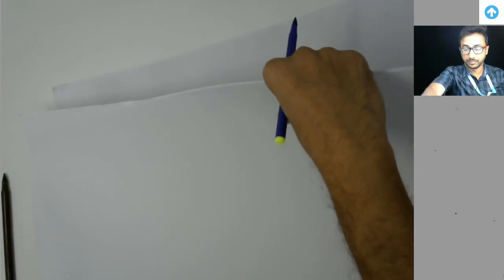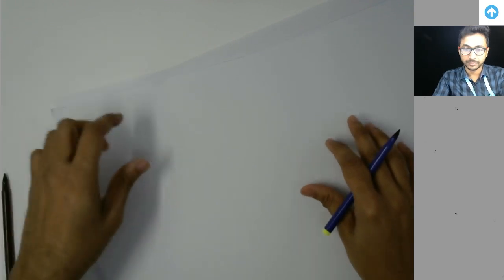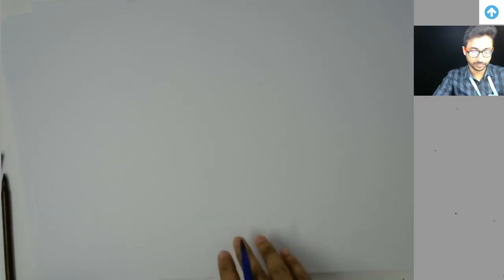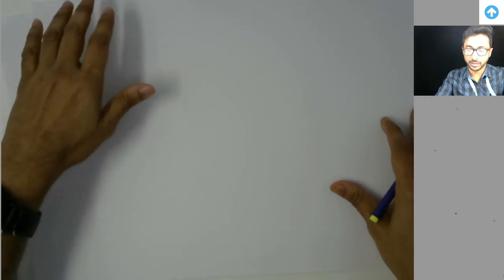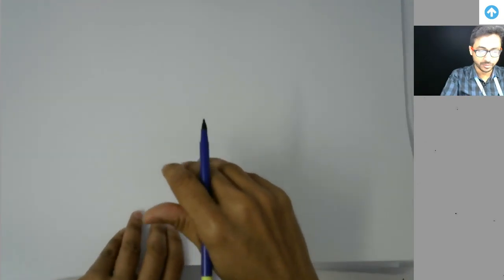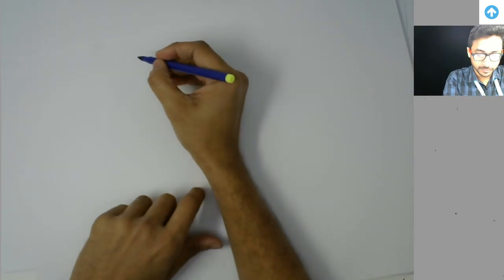You can start. Will you start? You can see those purple marks there. It's difficult to know. I mean, write like this.